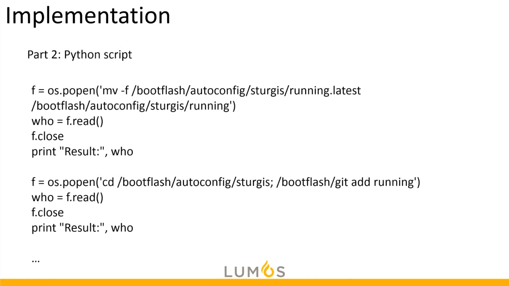Our Python script is going to do an OS, and open that file, do a file read, do a close, and print the result, basically who had made this change. And then we're going to do, actually this is just CDing to the directory, and then, here we go. So in bootflash, we're doing a git add running. Okay, so we're going to go ahead and commit that to Git.